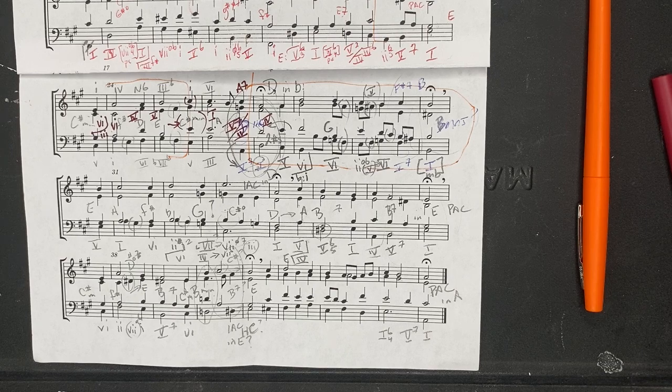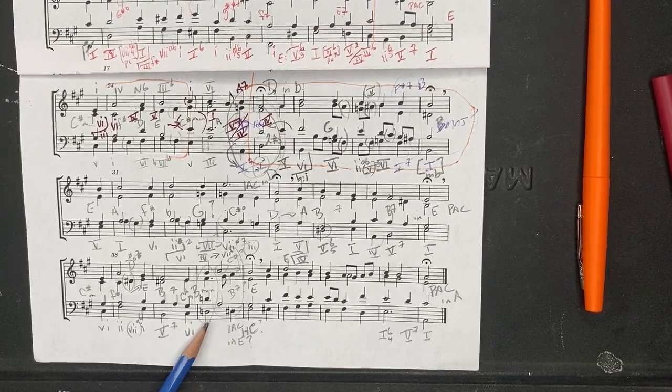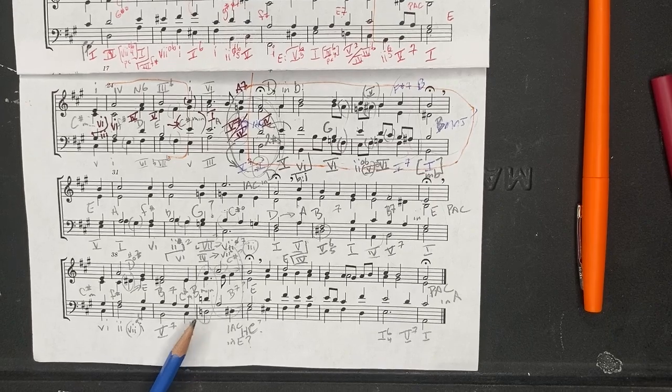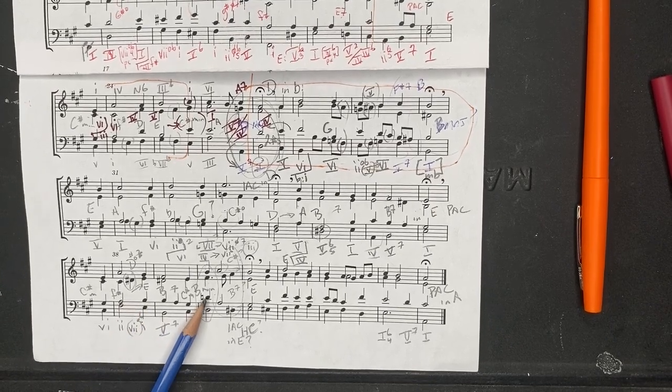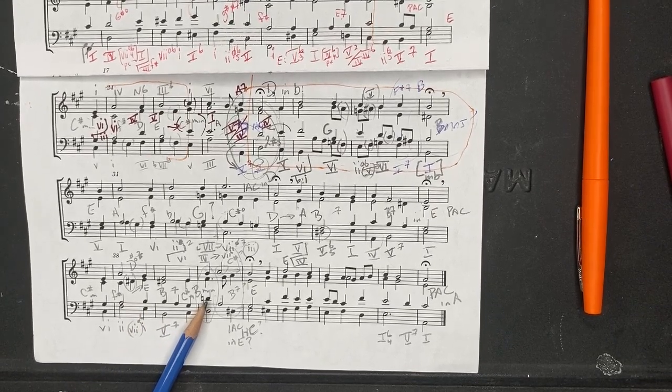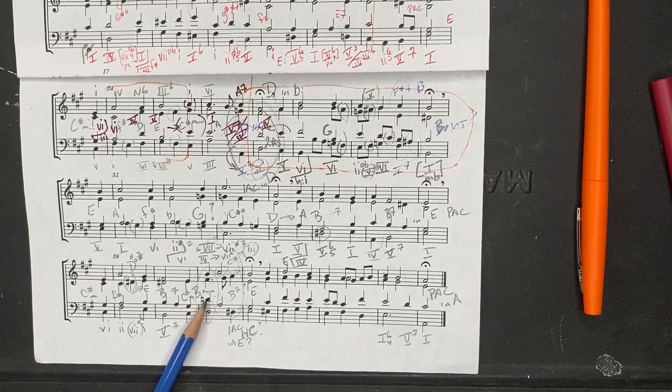Well, how does that fit exactly? If I'm in the key of A, then this makes perfect sense. If I'm in the key of E, then this is a problem. It's like a modally borrowed 5. It doesn't make any sense, right?